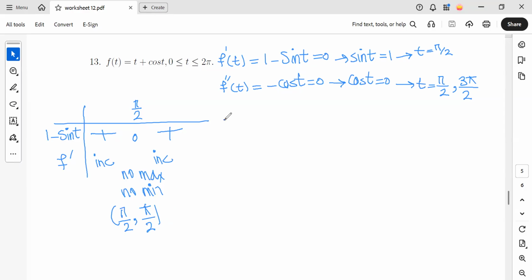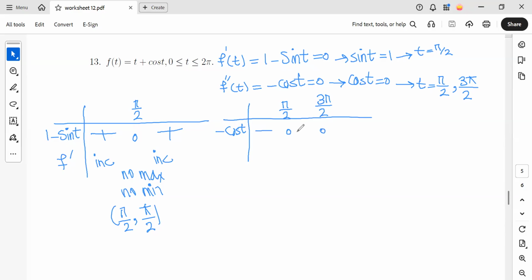Now, using the points for f double prime, which are pi over 2 and 3 pi over 2, and the function is negative cosine of t. So at these points, it is 0. Before that, using any number like pi over 4 or any other one that you know, this would be negative.